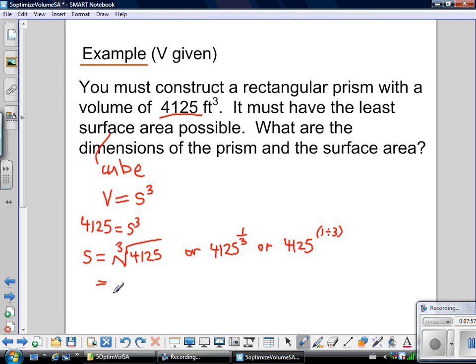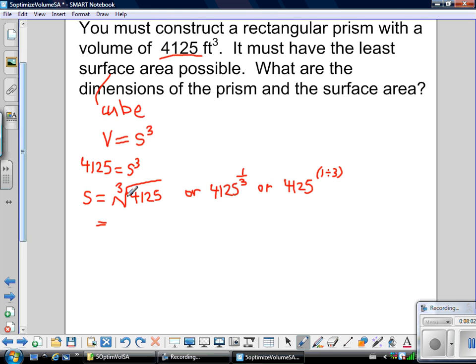This isn't a perfect cube number, so I'm going to end up with a decimal of 16.04, and that's feet. So I know the dimensions of my cube. My cube is going to be 16.04 feet for all its side lengths.